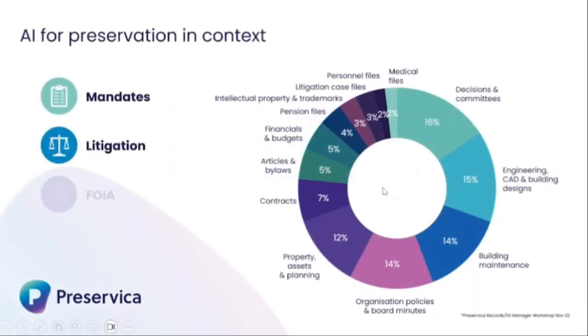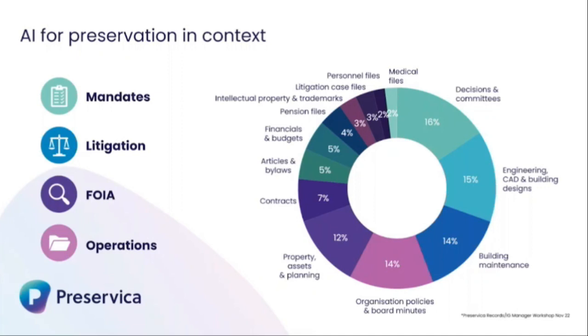Moving on, another research we've been doing is, this is one example, where in local government users are looking at AI for the application, not what tool are they using or what are they trying to do, but where are they looking to use it. The biggest of this sample, 16%, was decisions committees analysing those.